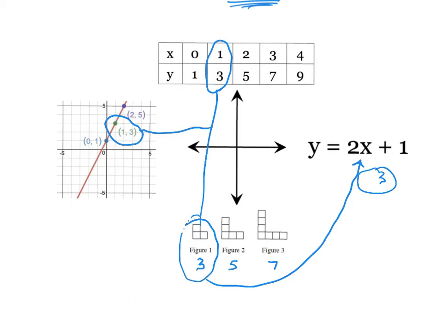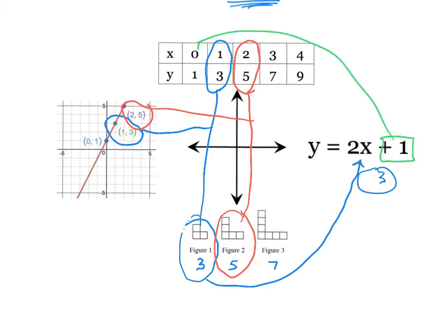Figure 2 has 5 tiles, okay, which you can find in the table, which you can find in the graph. Now, interesting, the starting point, that 1 on the outside of this equation over here, which is also the 0 point here, and you can also see it on the graph. There is no figure for that one, but you could figure it out, like where's figure 0?